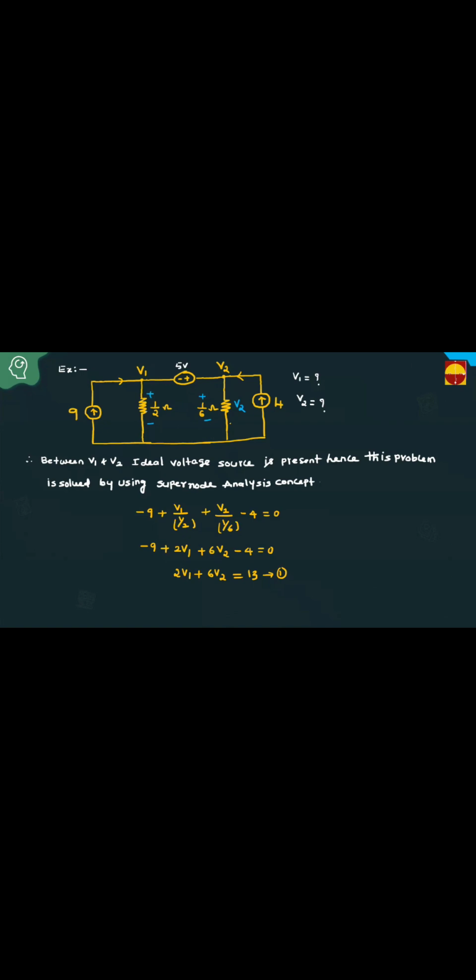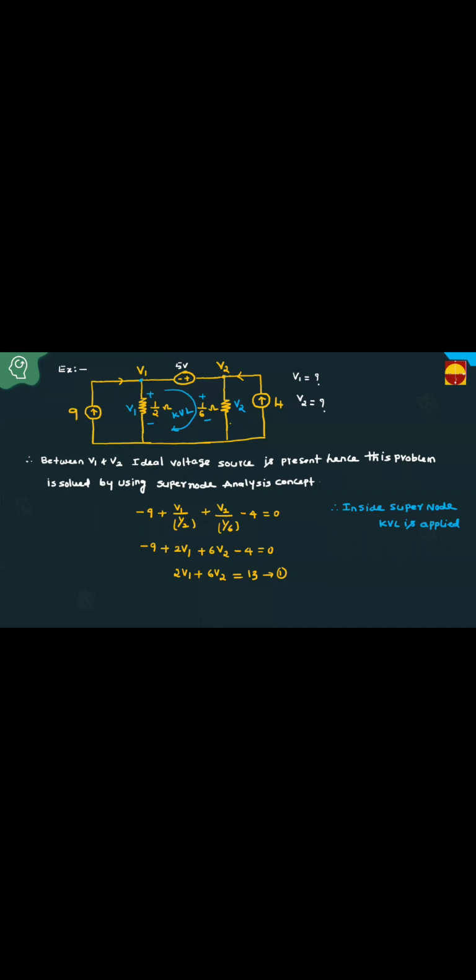This is V2. What is the voltage across this? V1. This is the node voltage V1, this is the node voltage V2. Now you have to apply KVL here. We can get one more equation. This is the concept. The concept is very simple, sir. If you apply KVL, negative to positive, then inside the supernode, KVL is applied.